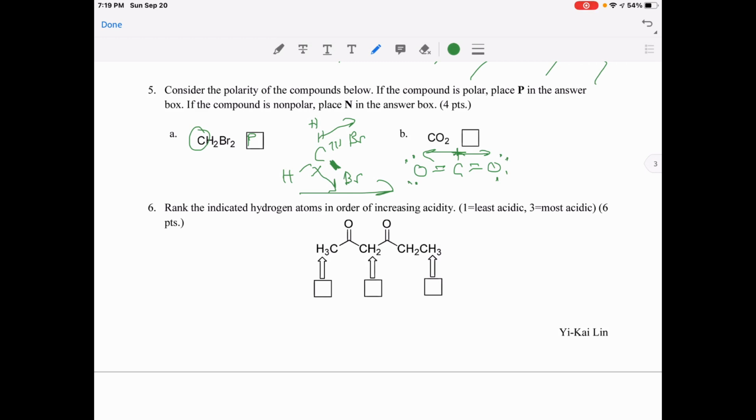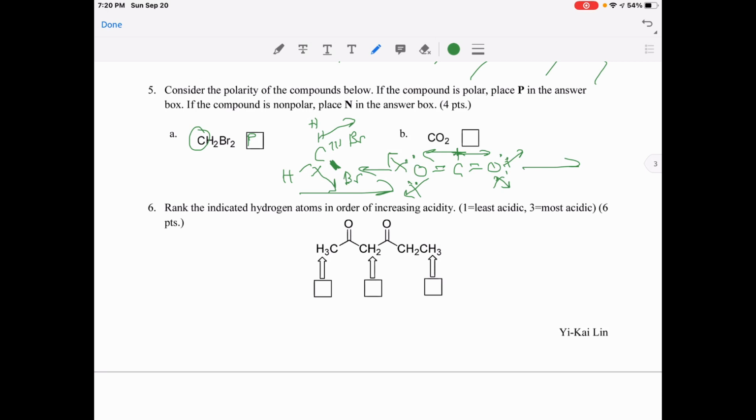Then you might be asking, what about the lone pairs? What about the dipoles that they produce? Let's draw that out. The net dipole from the left and the right sides is as such.